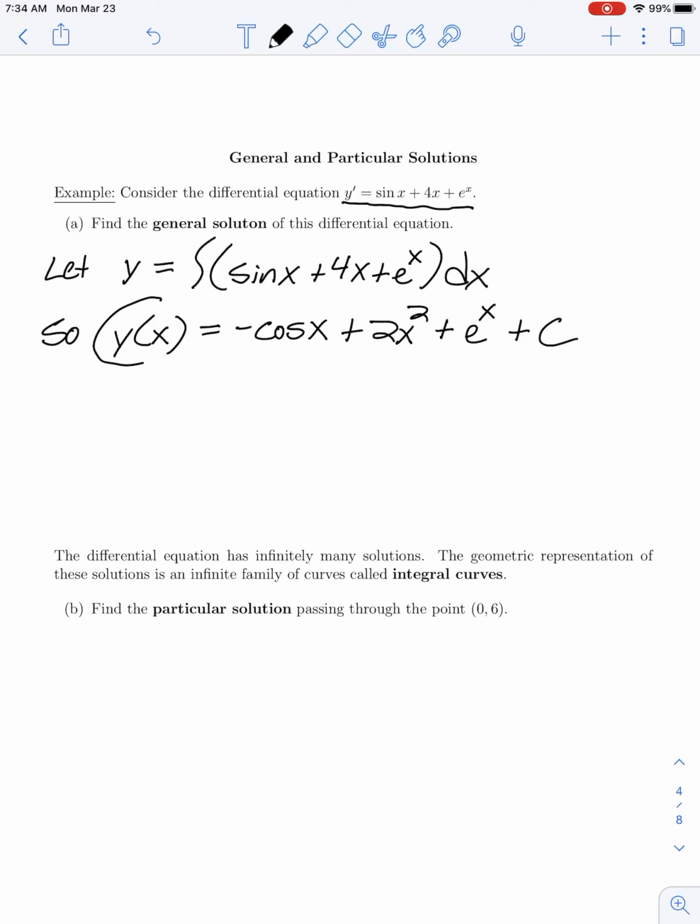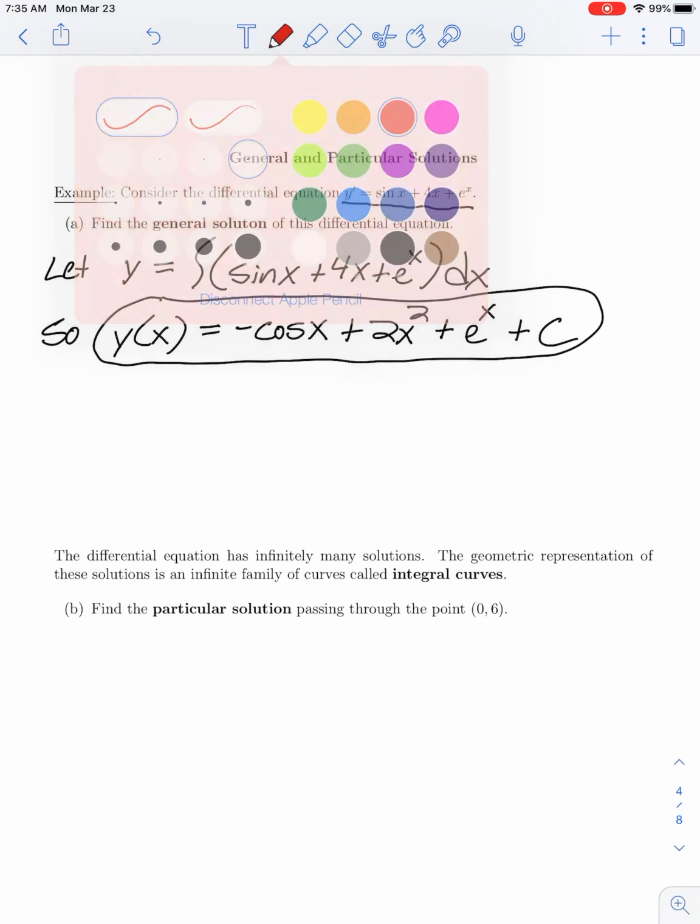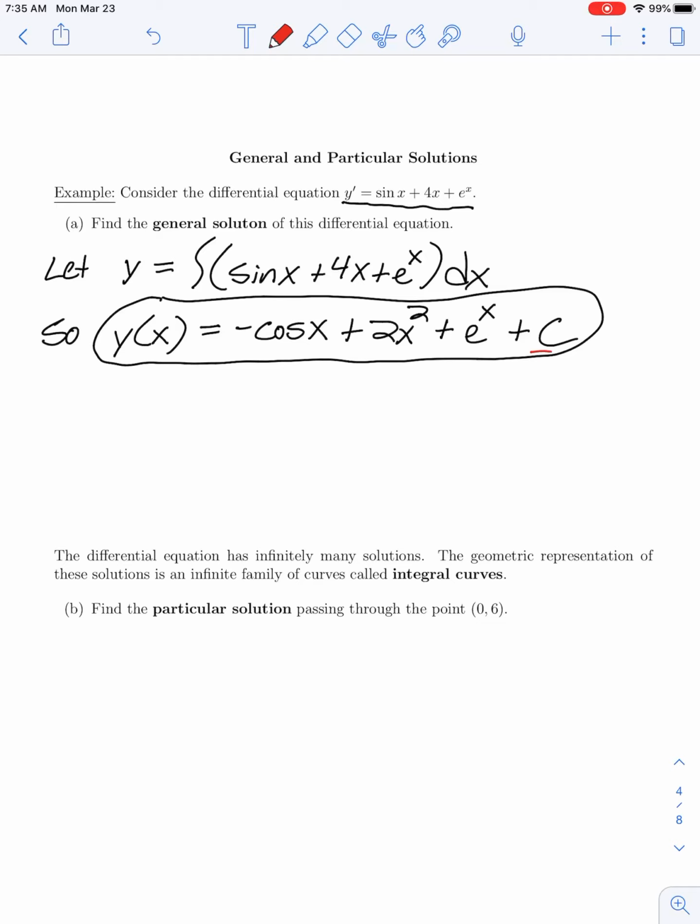So what we found here is a function y of x, which would be a solution of our differential equation, and it depends on this arbitrary constant or general constant c.